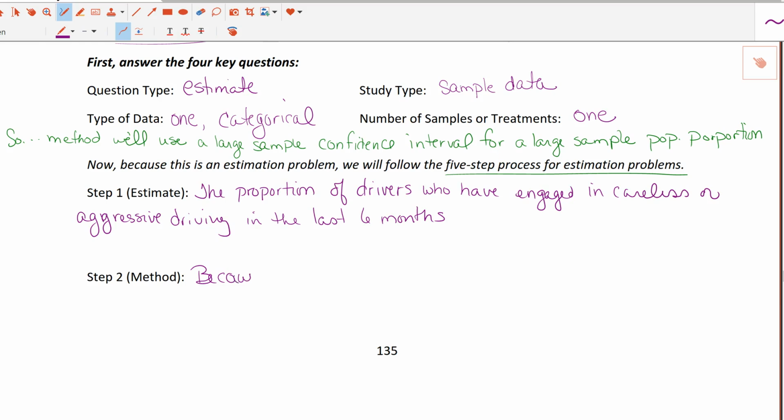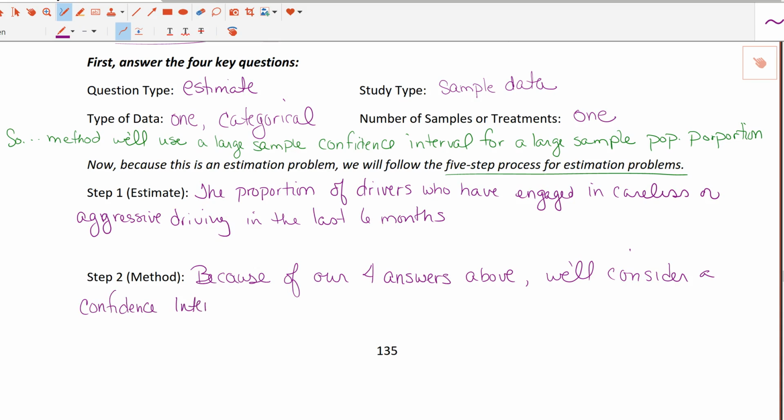So we say because of our 4 answers above, we'll consider a confidence interval for a population proportion.